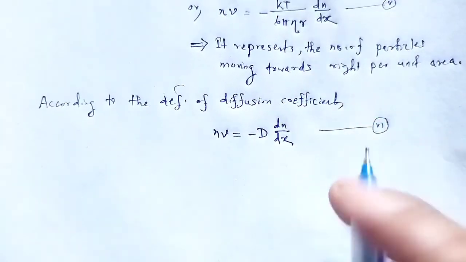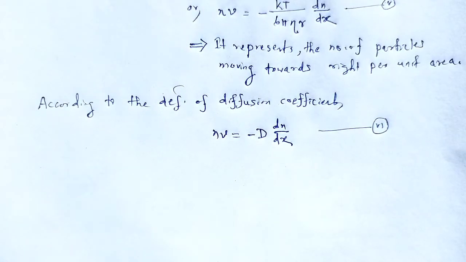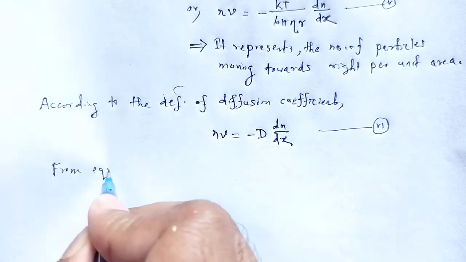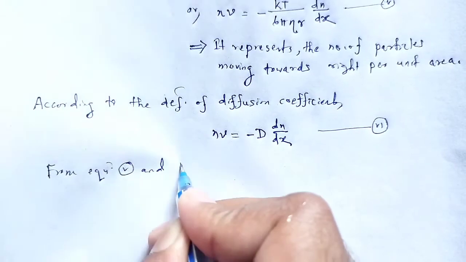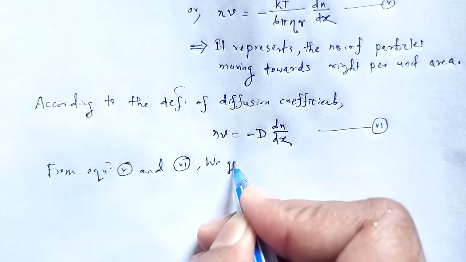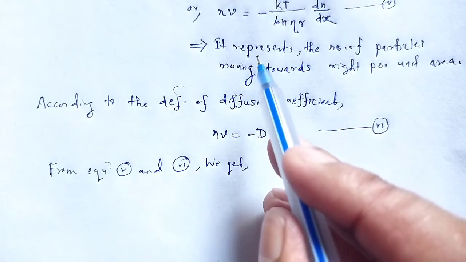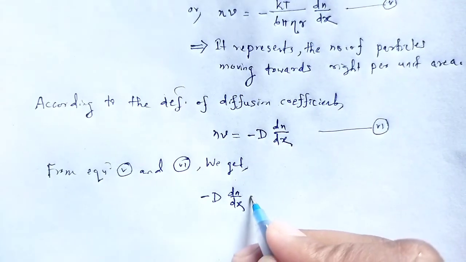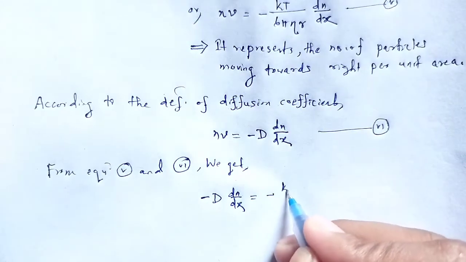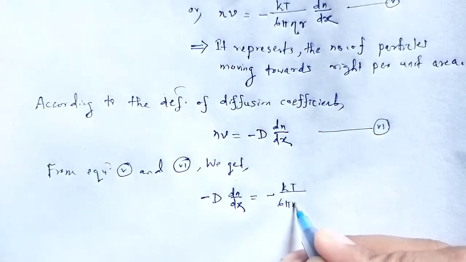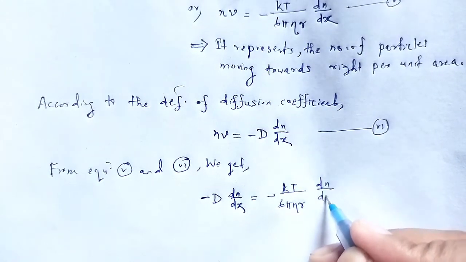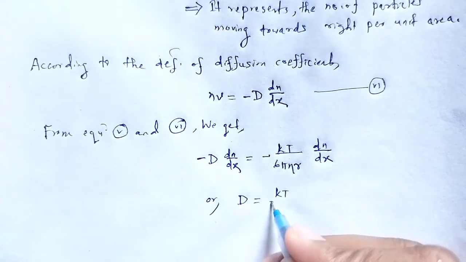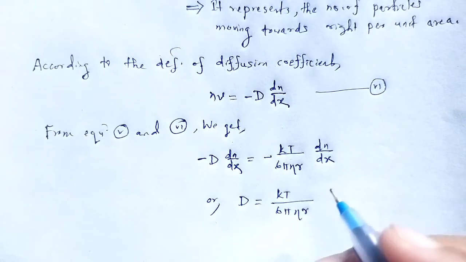So comparing these two, from equation 5 and 6, we get minus D dn by dx is equal to minus kT divided by 6 pi eta r dn by dx, or D is equal to kT divided by 6 pi eta r.